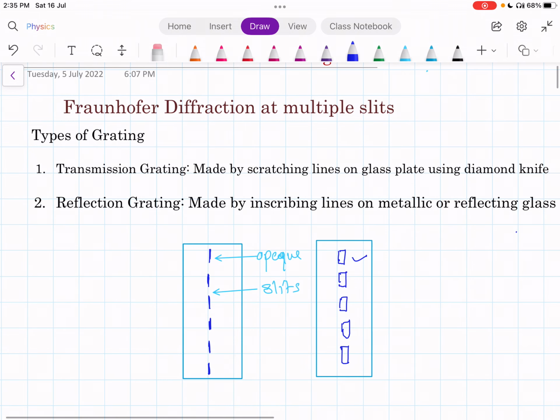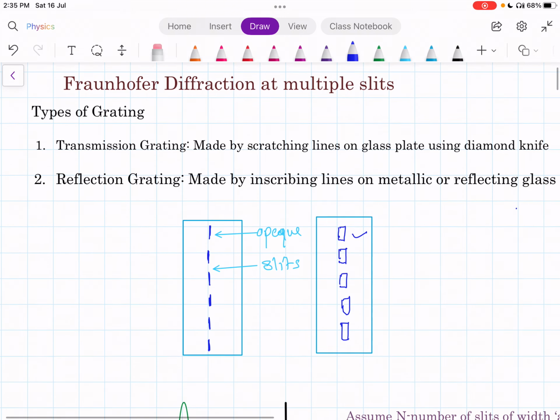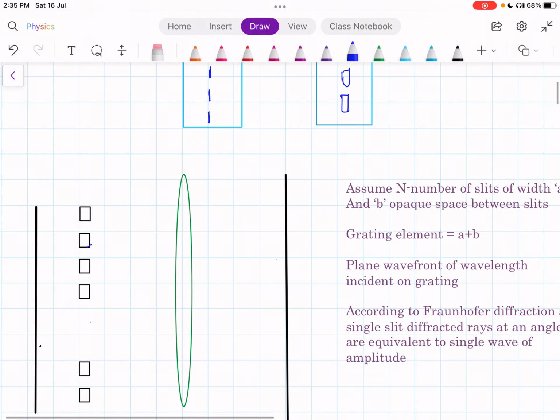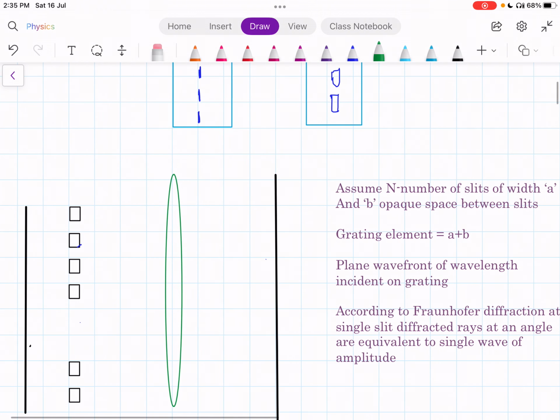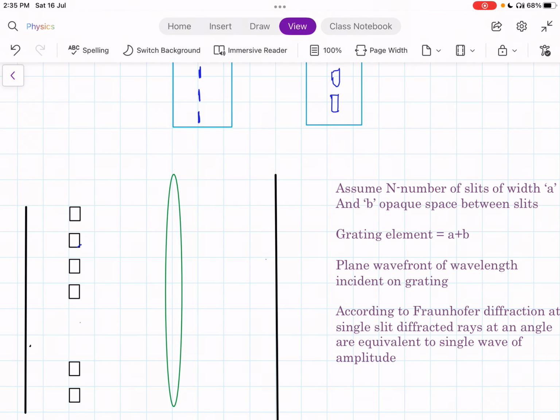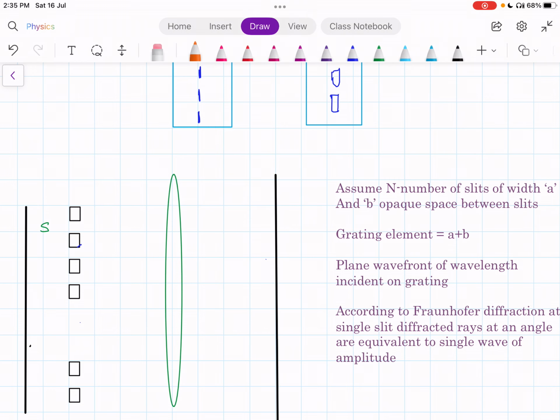So let's see first the diagram of that. In this diagram, as you can see, there are n number of slits. Let's say this one is slit S1, slit S2, slit S3, and the last slit is Sn. So S1 to Sn are n number of slits.